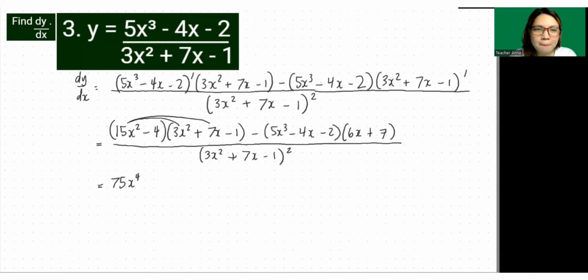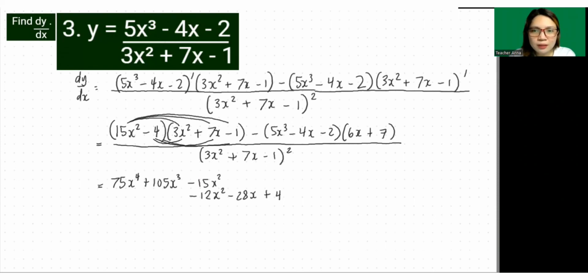Then this will be 7 times 15, that will be 105x cubed, and then we have minus 15x squared. Then we have negative 12x squared. So let us write that under this same term as that. Then we have negative 28x, and then a positive 4.